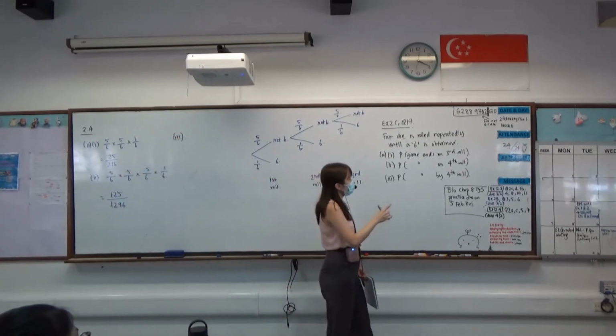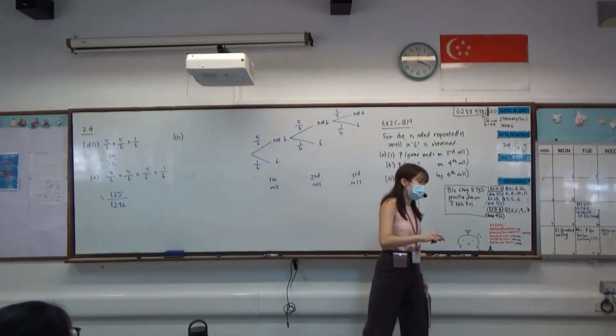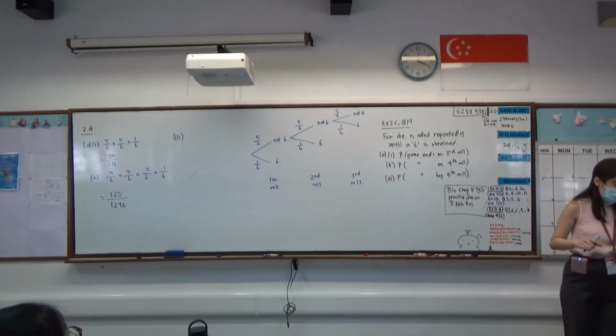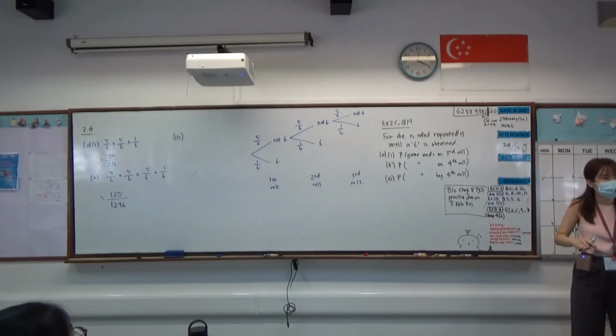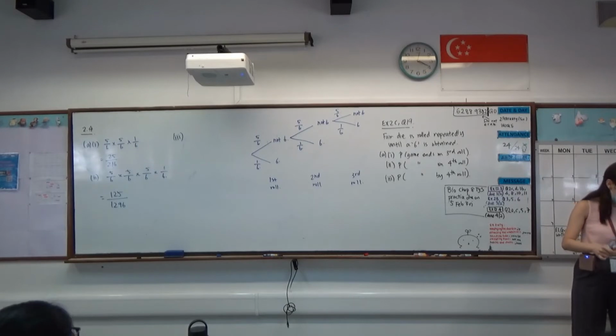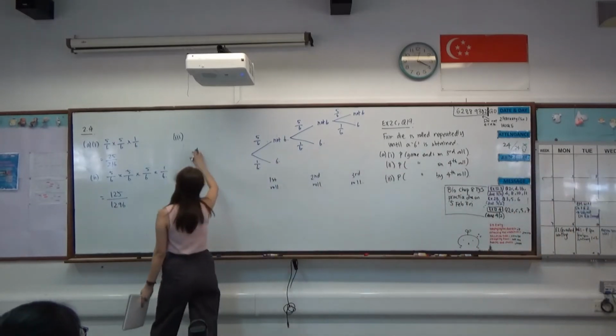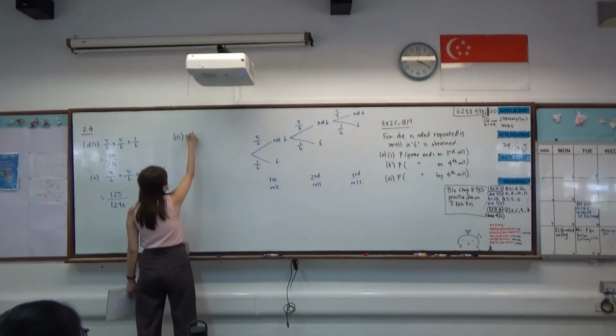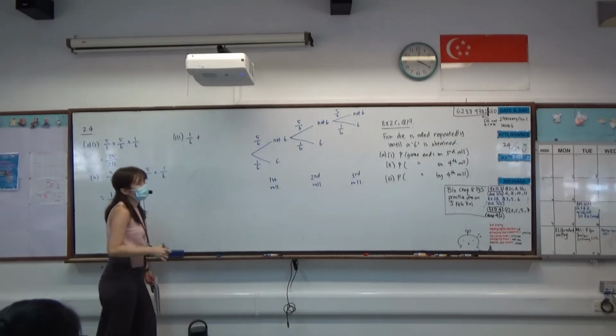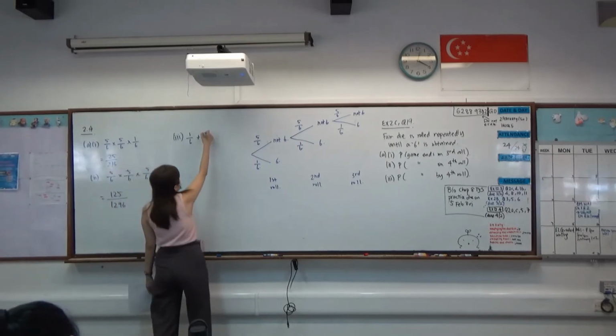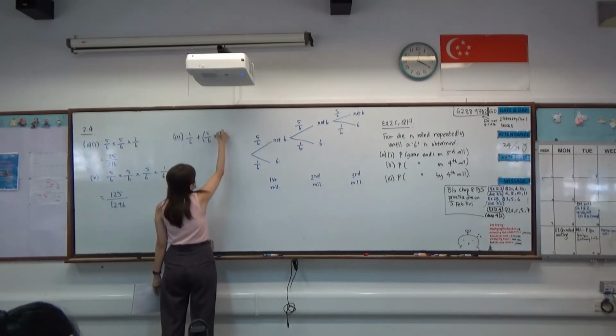We want the game to end by the 4th row. What does by the 4th row mean? So it can end on the first row, it can end on the second row, it can end on the third row, or it can end on the fourth row. So there are many cases for us to consider. So you could think of on the first row will just be 1/6. Then you plus, on the second row, we will get 5/6 times 1/6.